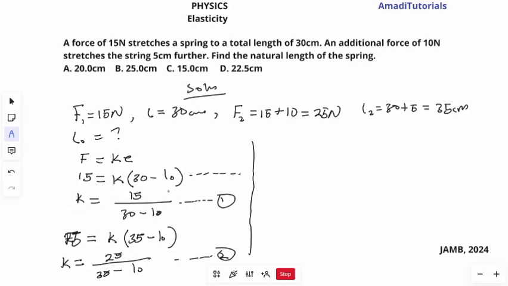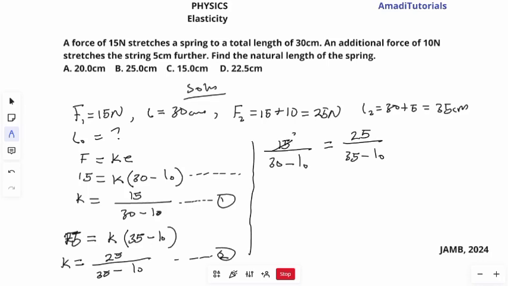If you equate equations 1 and 2, because they both have K as the subject of the formula, you now have 15 divided by 30 minus L0 equals 25 divided by 35 minus L0. What is left now is for us to solve the mathematics.